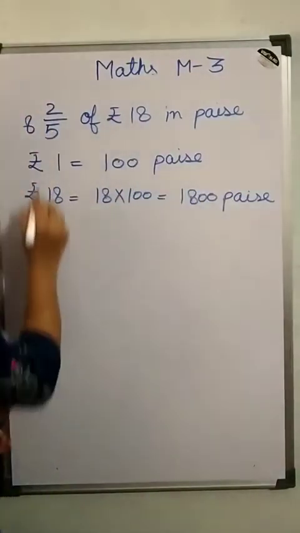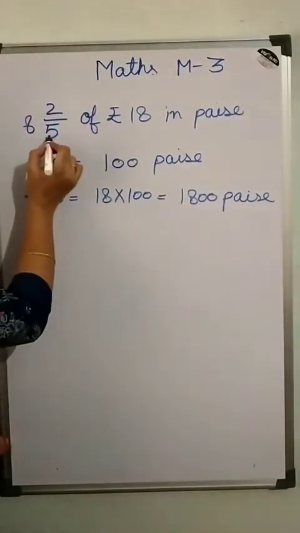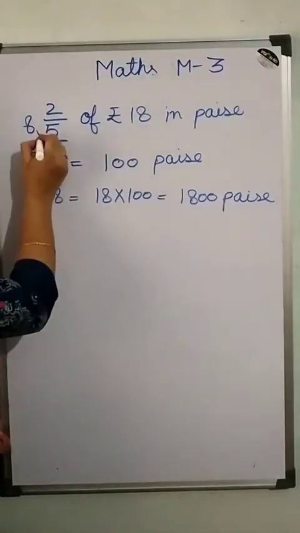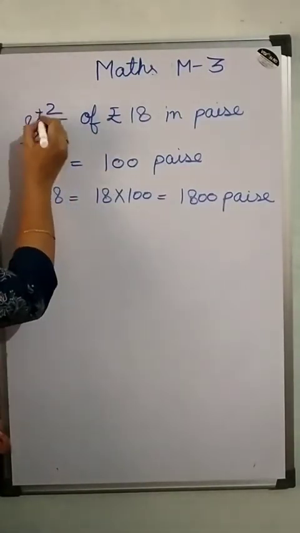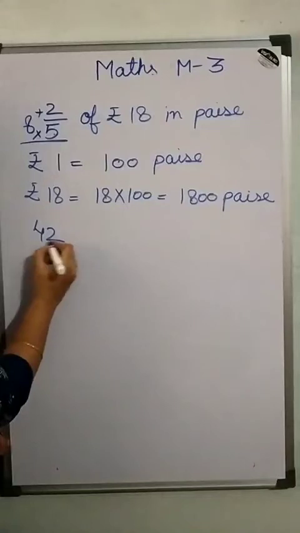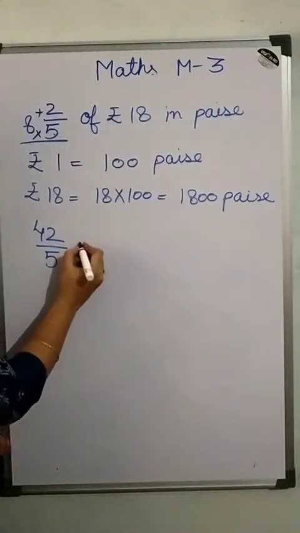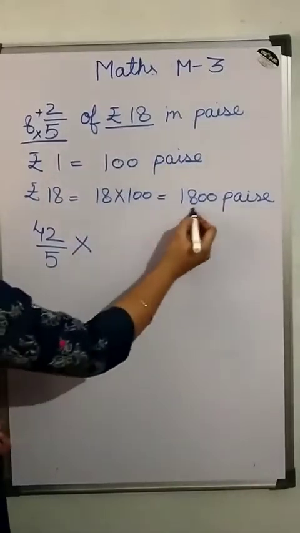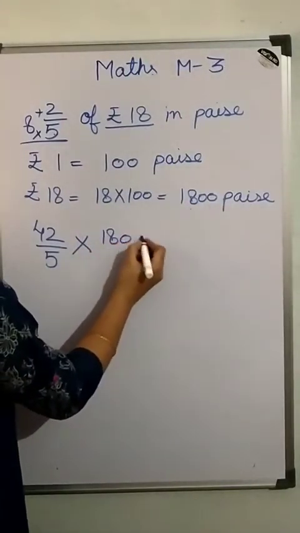Okay. Now start the question. First you convert this mixed fraction into an improper fraction. So again you multiply 8 5s are 40 and then plus 2. So 42 upon 5 of means multiplication, and in place of rupees 18 you write down 1800. So here I am writing 1800.